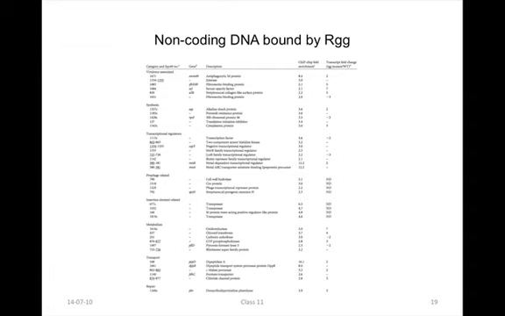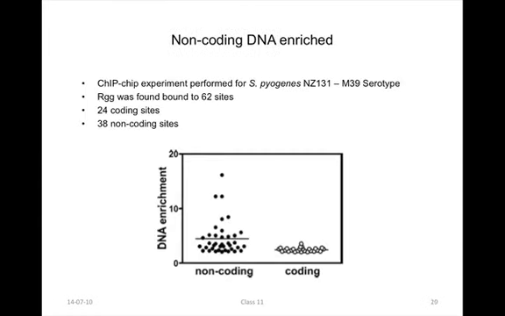Okay, so in the first table in this paper, what we look at is ChIP fold enrichment, and they identify the genes that are associated with RGG. So these are non-coding regions that bind RGG. Again, I showed that picture of a ChIP-chip experiment, and here what they're doing is just finding the regions along the chromosome that are attached to RGG.